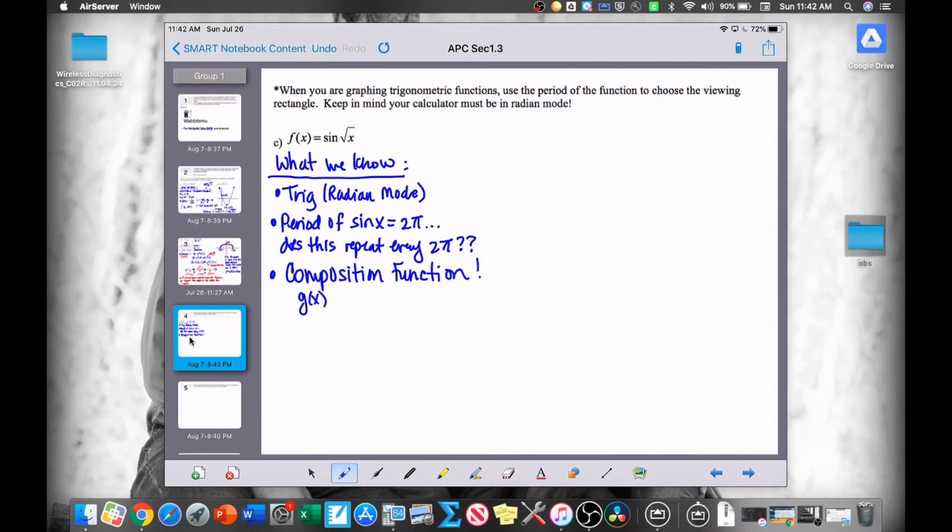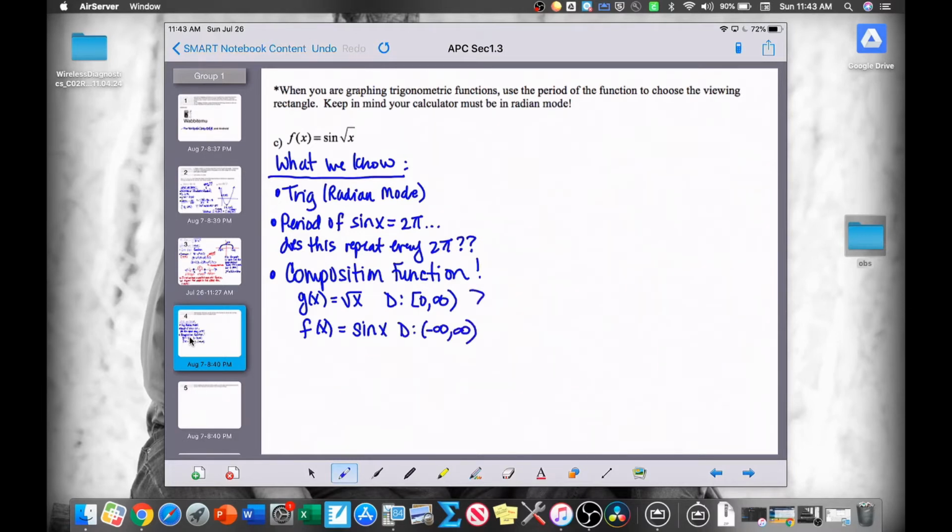Okay, so let's talk about our domain here. Our inner function, we'll call it g of x, is the square root of x. So the square root of x normally has a domain of 0 to infinity, right? And then our outer function f of x is our curve sine x, which has a domain of all reals, or negative infinity to positive infinity.